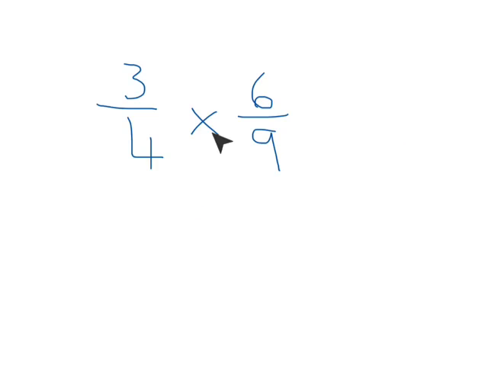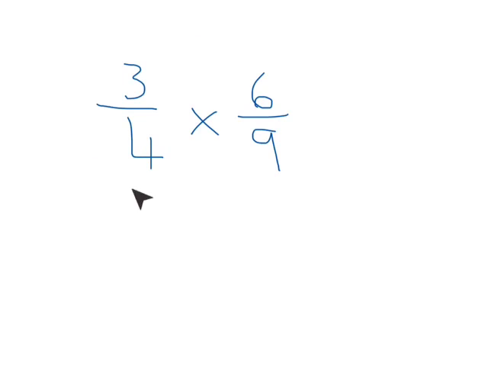But another way of doing it is we can simplify this first before we multiply. And the rule is you can simplify any numerator with any denominator. It doesn't have to be the same fraction. I could simplify this numerator with that denominator, or this numerator with that denominator, and that's called cross-cancelling.